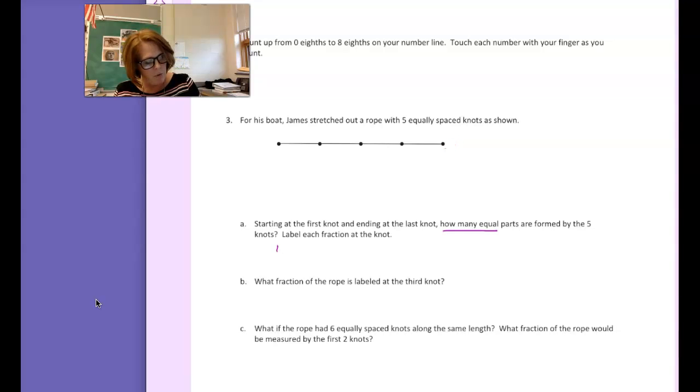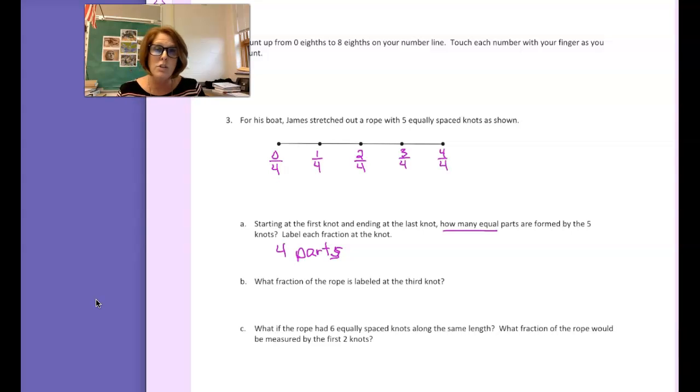So there are 4 parts. If there are 4 parts, then we are talking about what fractional unit? Fourths. So let's go ahead and label 0/4, 1/4, 2/4, 3/4, and 4/4. And you should be talking out loud to yourself as you're doing this.